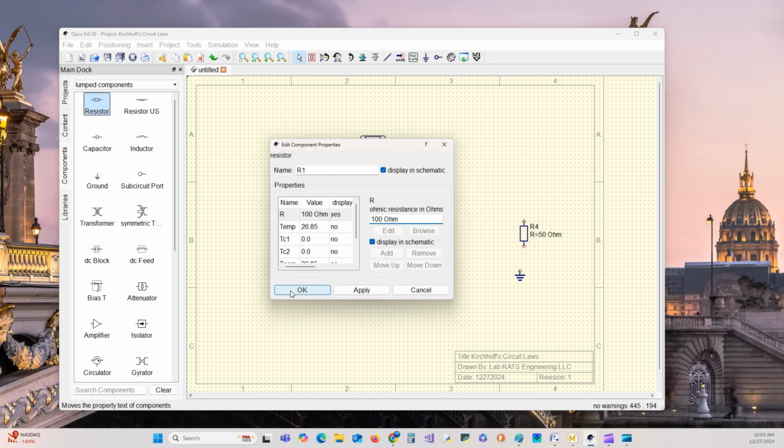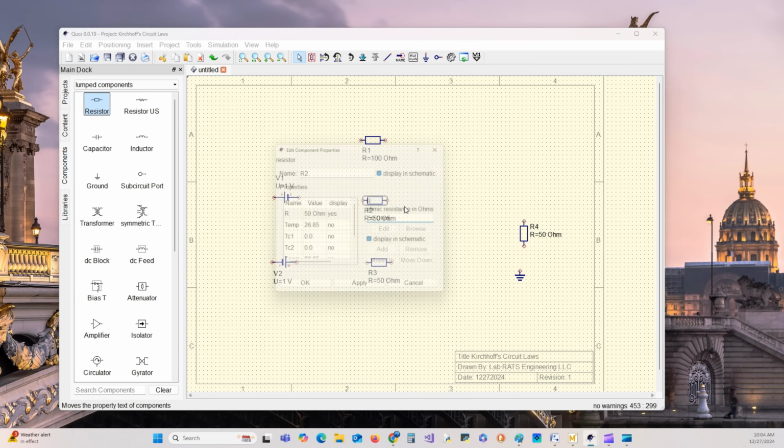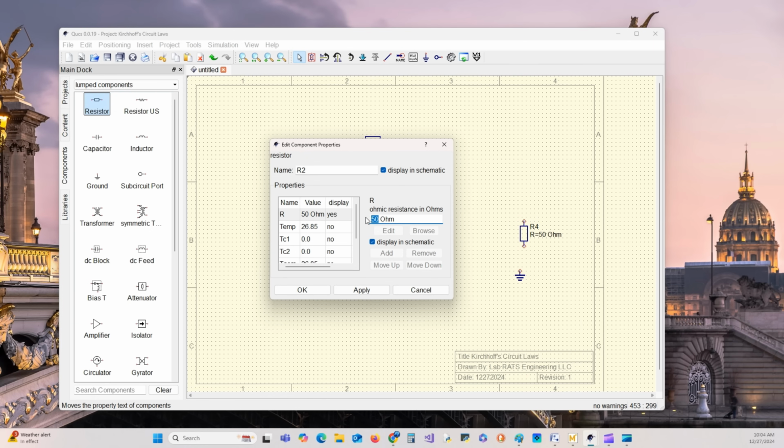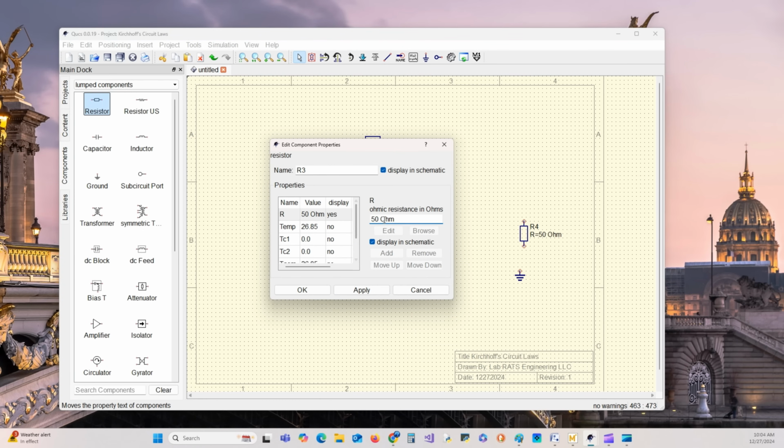Apply. R2 is 200 ohms. Apply. R3 is 300 ohms. Apply.